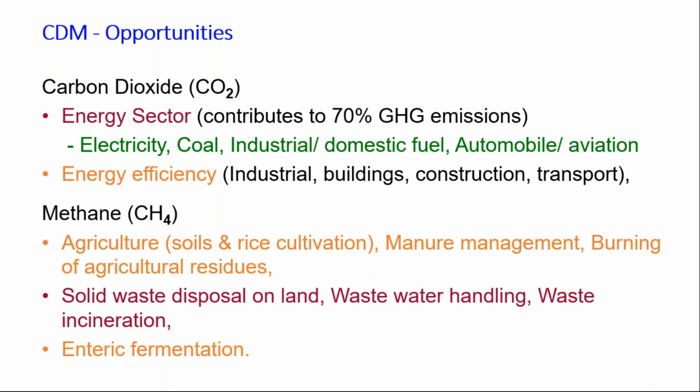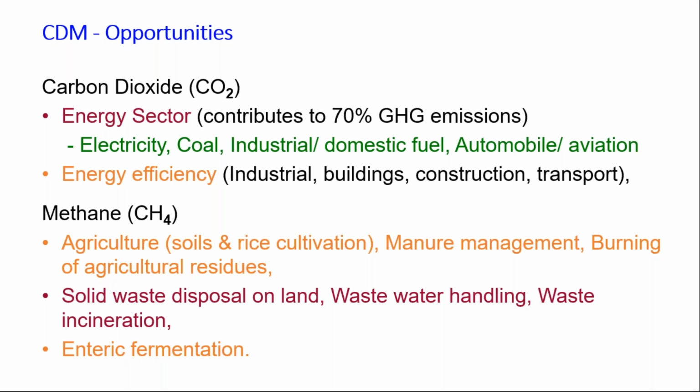In energy efficiency, industrial buildings, construction and transports, we can do some activities, some research, innovation, or we must have some innovative ideas in this energy sector and energy efficiency activities, so that we can reduce the emission as well as gain money or profit.